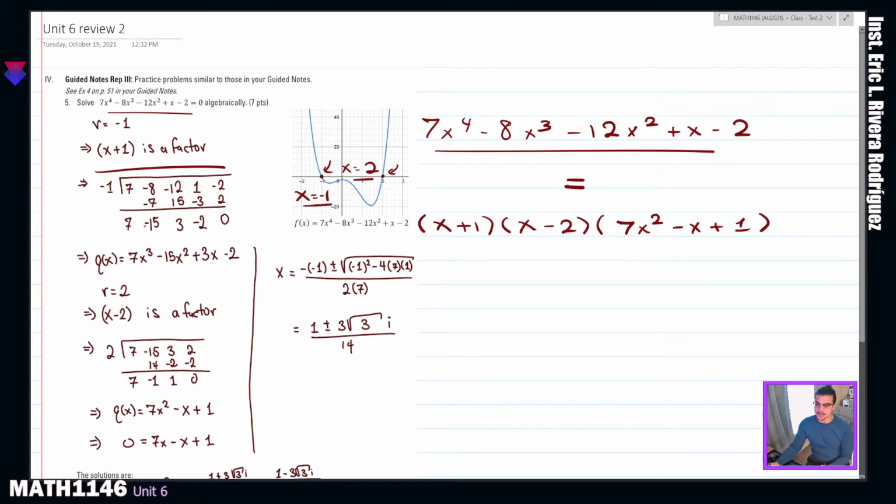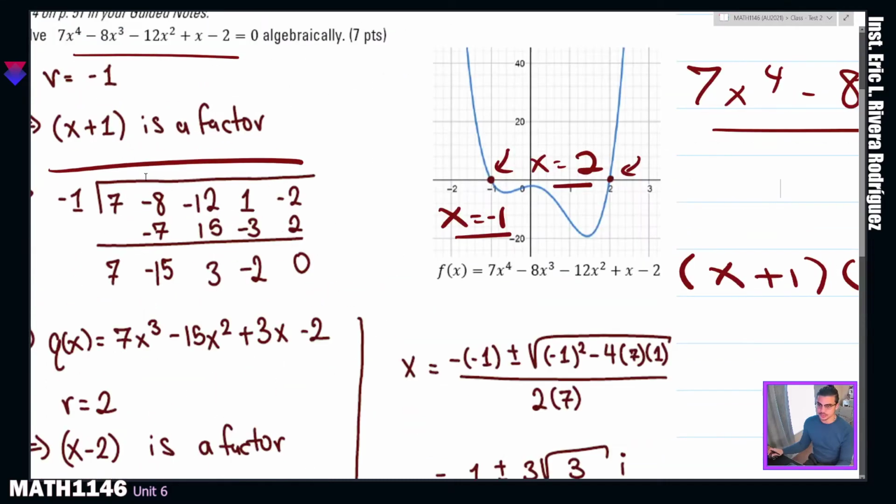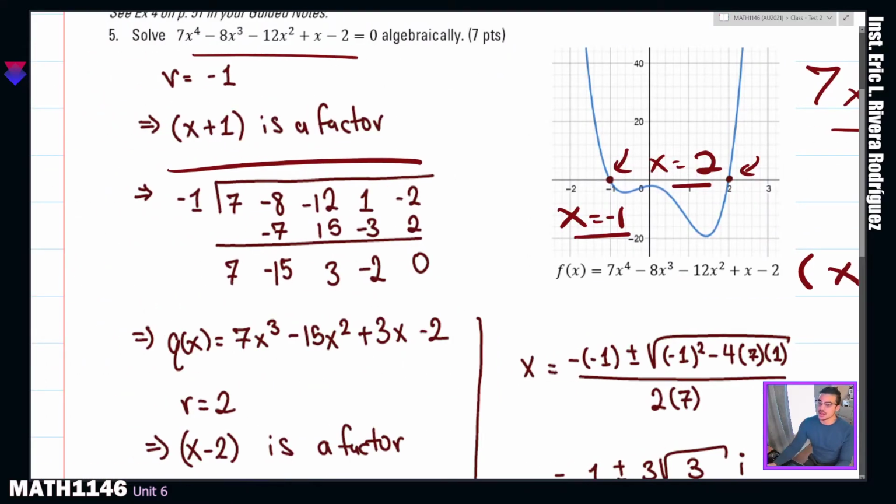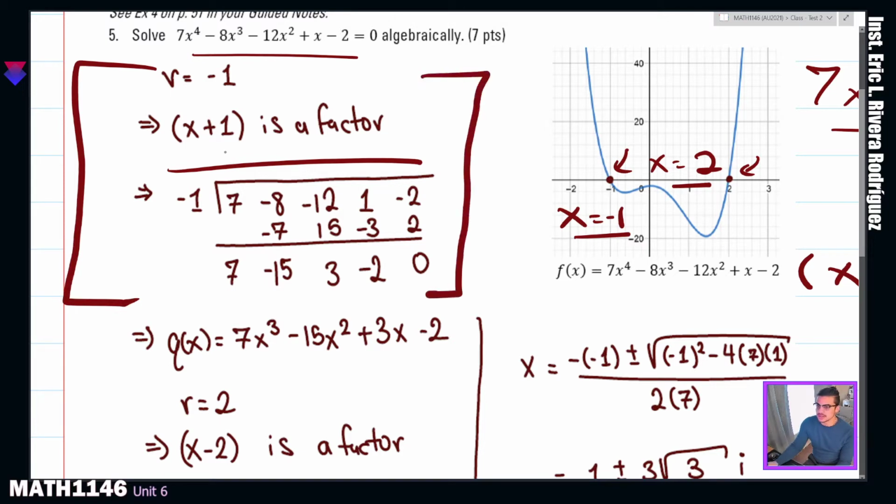What is happening when we do the division? In this first step, we take r equal to -1, so x plus 1 as a factor, and then we do the synthetic division of the polynomial by -1 to get the depressed equation.